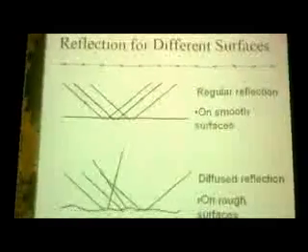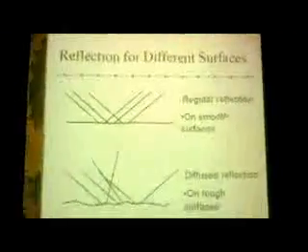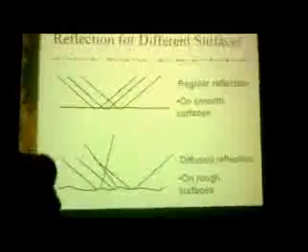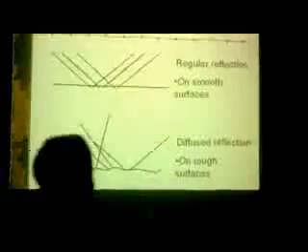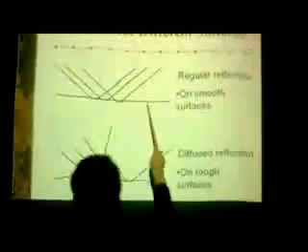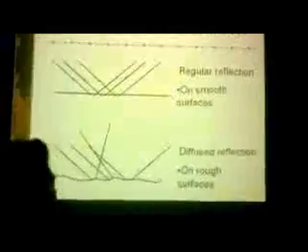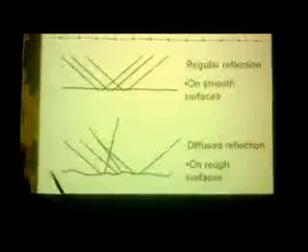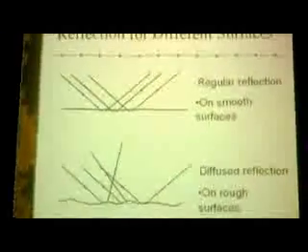Next. Never mind. Reflection for different surfaces. We have here regular reflection and diffuse reflection. When light hits a smooth surface, it is reflected in a proper way, the usual reflection that we see.